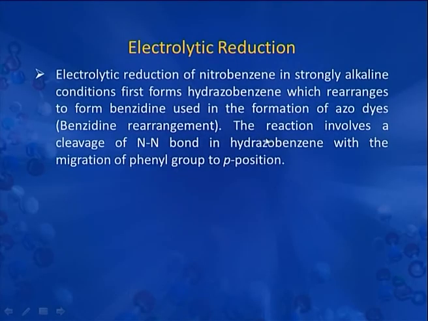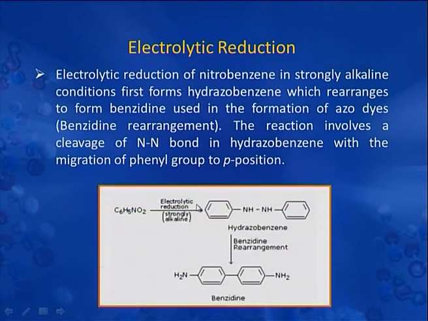When electrolytic reduction of nitrobenzene is carried out in strongly alkaline conditions, first hydrazobenzene is formed, which rearranges to form benzidine, used in the formation of azo dye. This rearrangement of hydrazobenzene to benzidine is called benzidine rearrangement, and the reaction involves the cleavage of nitrogen-nitrogen bond and formation of carbon-carbon bond.